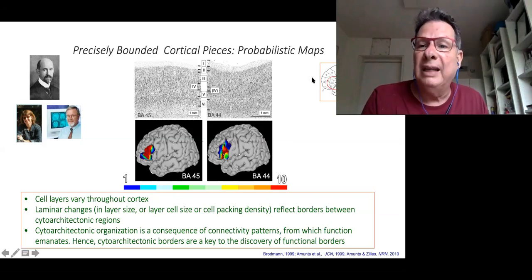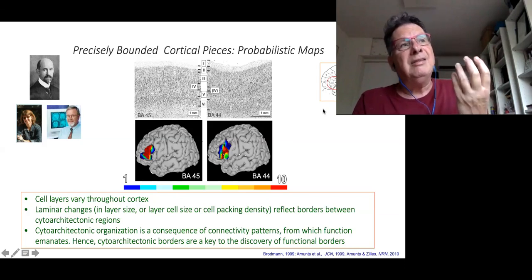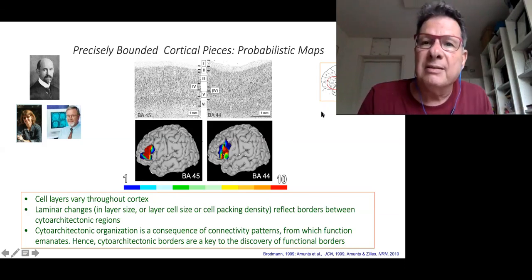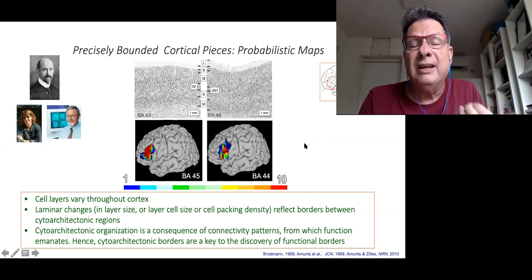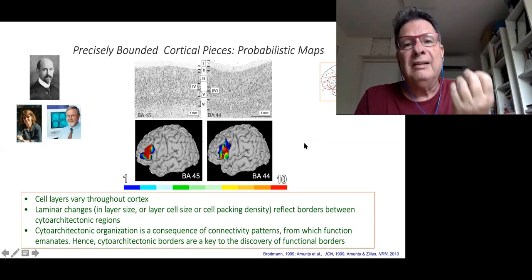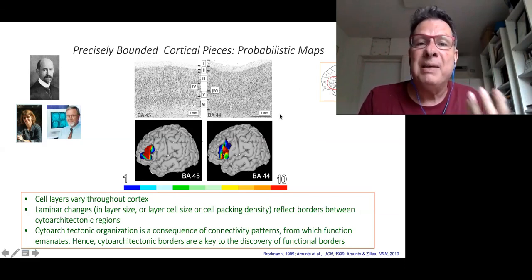So you want to think that these kinds of anatomical pieces, in fact, support functional pieces. One thing that you want to convince yourself is that you're looking at a function that lives in an area that constitutes itself an anatomical piece.